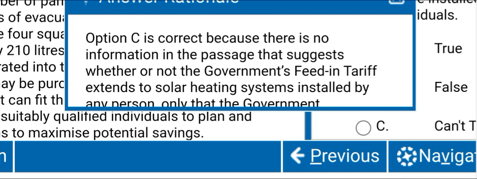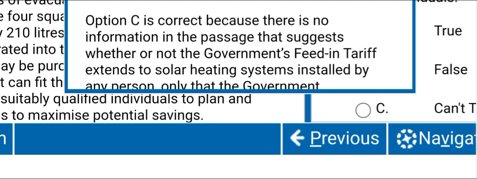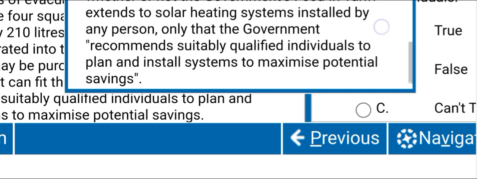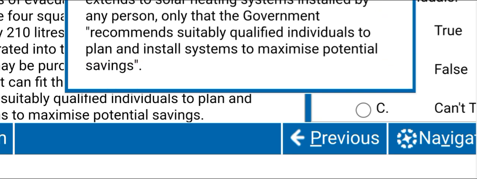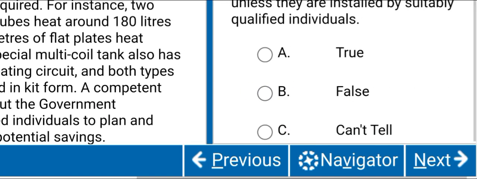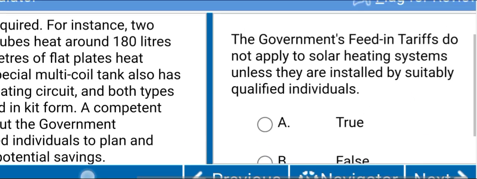So we have option C is correct because there is no information in the passage that suggests whether or not the government's feed-in tariff extends to solar heating systems installed by any person, only that the government recommends suitably qualified individuals to plan and install systems to maximize potential savings. So we have option C, that is can't tell, is the correct option.